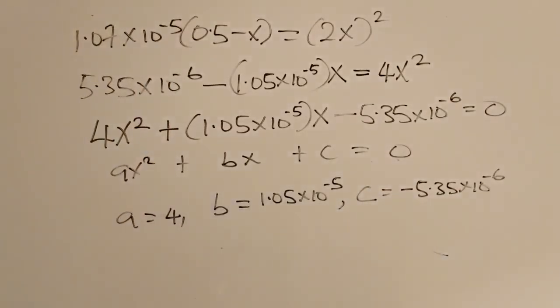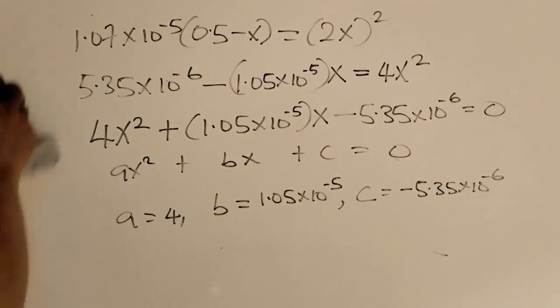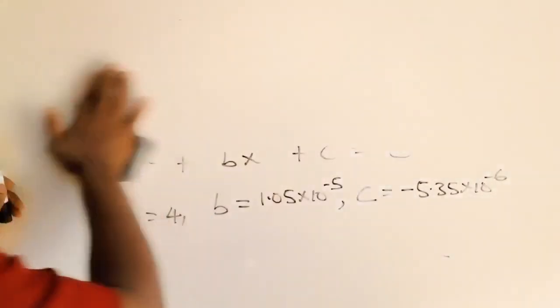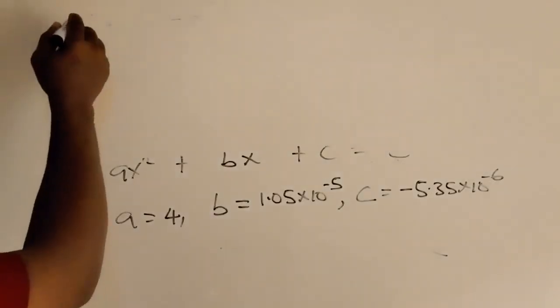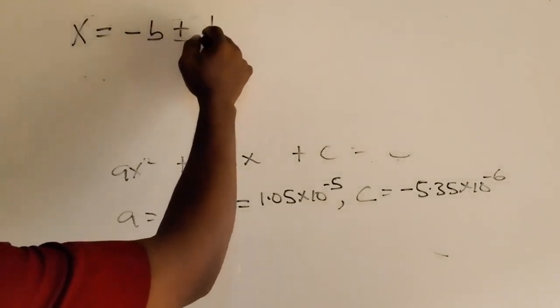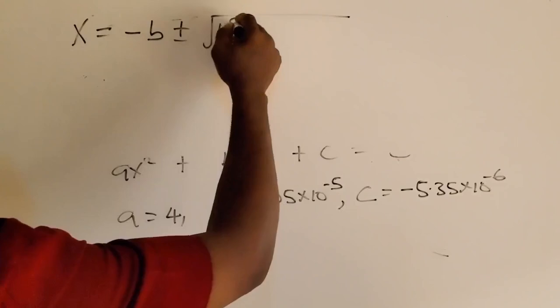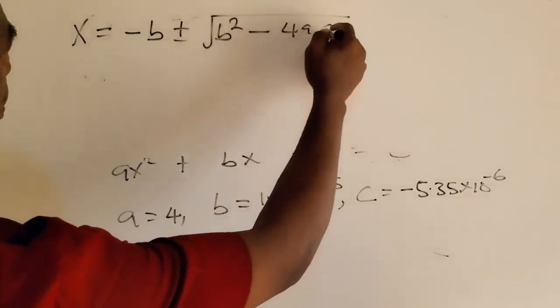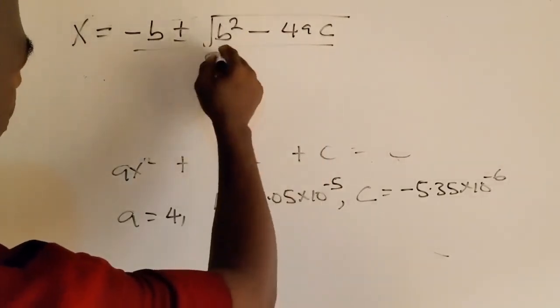You see that? So all we have to do is write the general formula for the quadratic equation. We now have S equal to minus B plus or minus the square root of B squared minus 4AC, all over 2A.